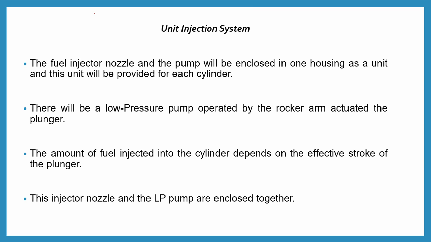When the rocker arm works, it actuates the plunger, and when the plunger is actuated, the pump is activated. Then some amount of fuel is directly injected into the cylinder, depending on the effective stroke of the plunger.